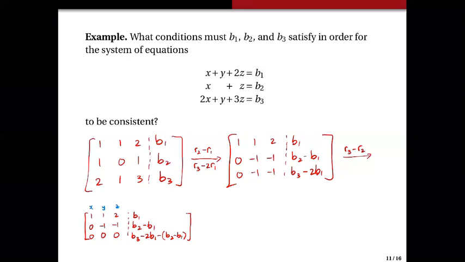Okay? If the right-hand side is not equal to 0, then you will have something like 0 equals not 0. So that cannot happen. Because if that happens, we won't have a solution for this.